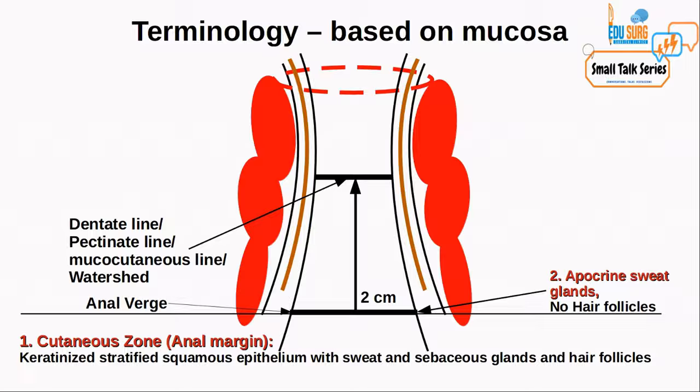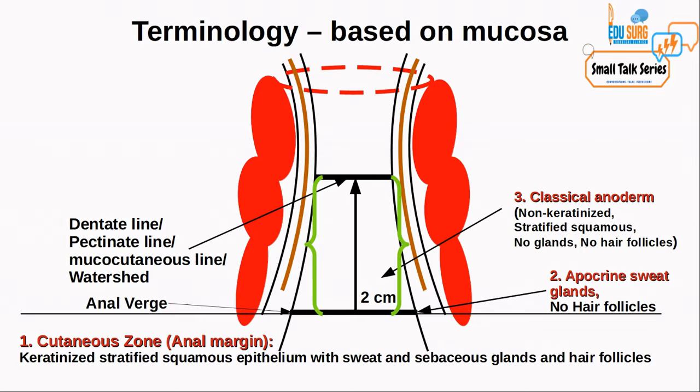We will see dentate line anatomy in the next slide, but to understand the mucosa, around the level of 2 centimeters from the anal verge, you have the anal canal part as highlighted by the green boxes, and this part has the classical anoderm, which is non-keratinized stratified squamous epithelium, and it does not have sweat or sebaceous glands, and it does not have hair follicles.